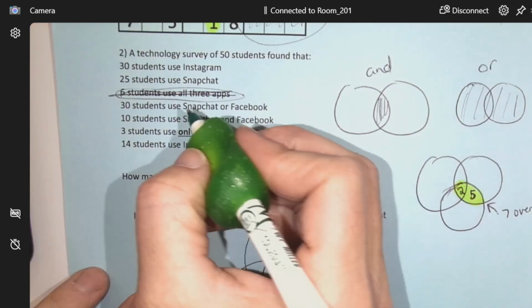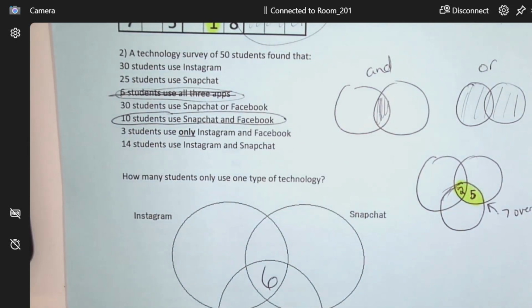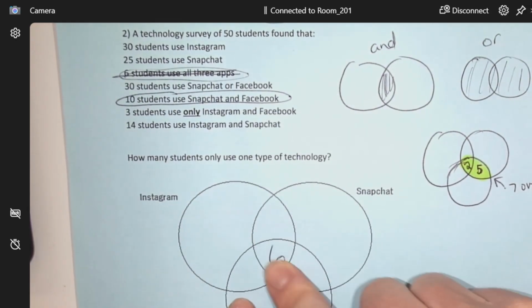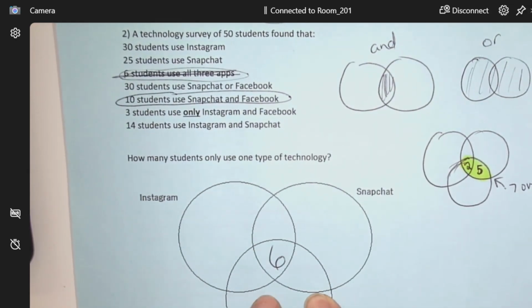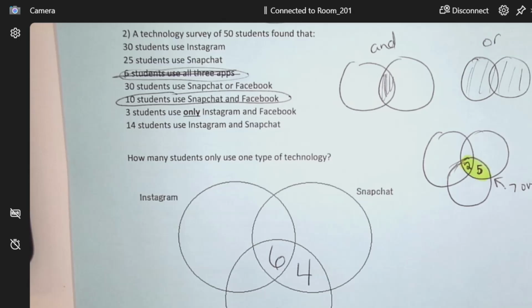So I can do this one. 10 people use Snap and Facebook. So do you see where Snap and Facebook overlap? It looks like a football. I need 10 people in there. So 4. Did you get it? Because there's already 6 in there. These 6 use Snap and Facebook already, but they happen to also use Instagram, but they're already in there.